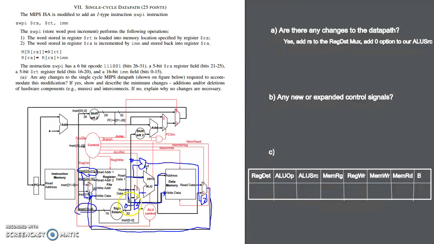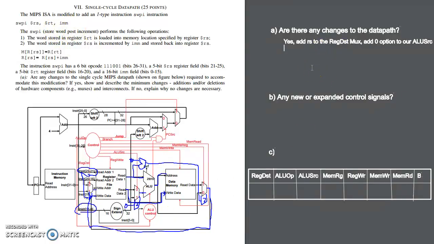What adding that 0 value does is just ensure that the only part of the address that we're reading is just rs. So the address that you want to write to is just rs, and it doesn't have any shift amount or anything in it. It cannot have a shift amount.